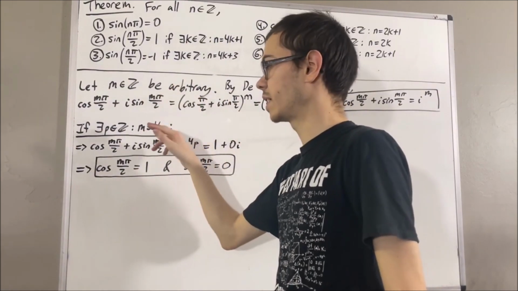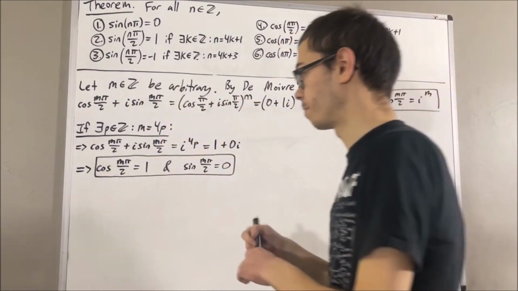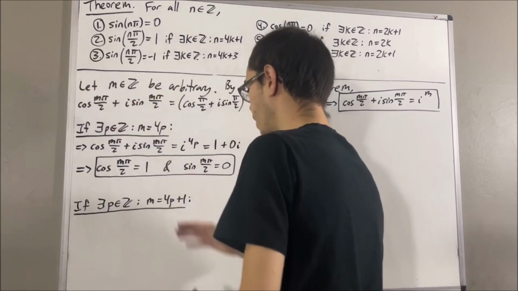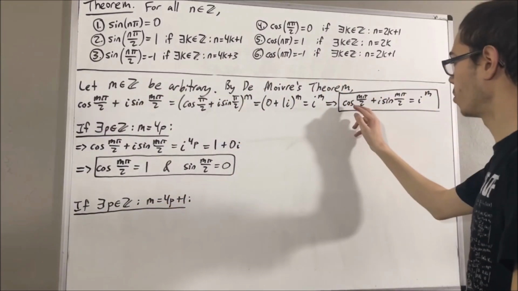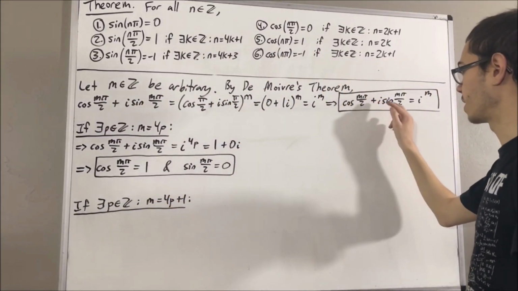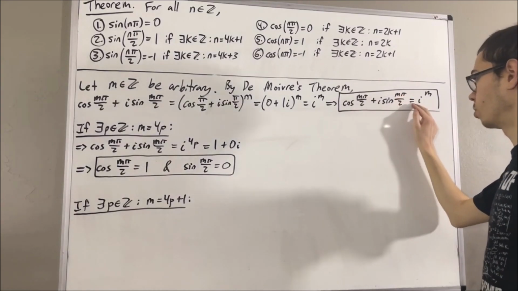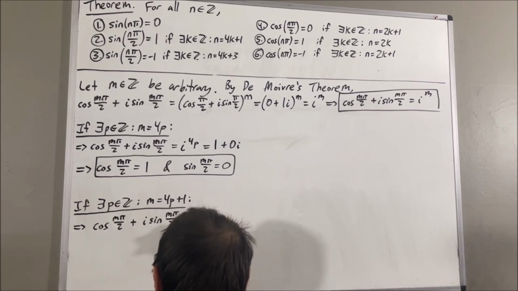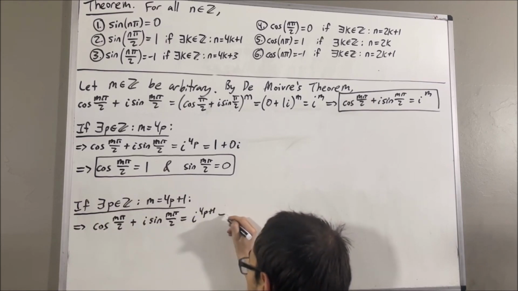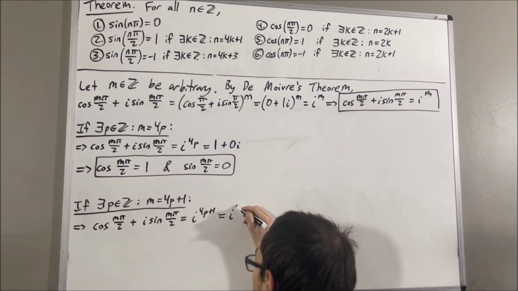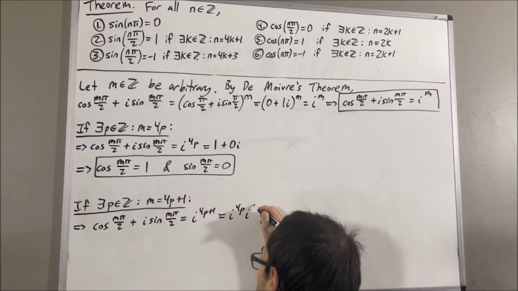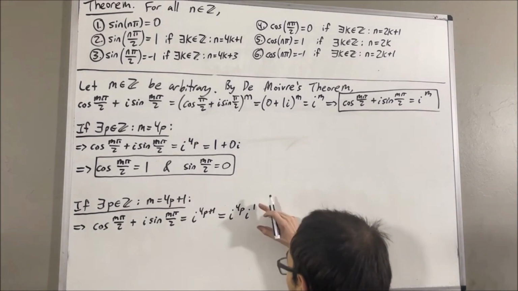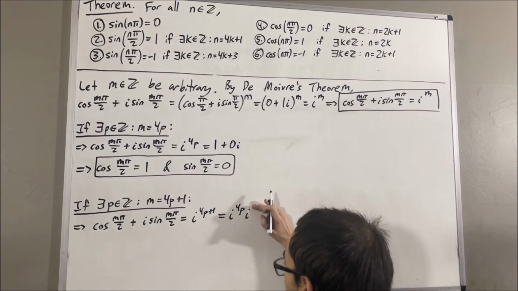Now let's consider the case that m is of the form 4p plus 1. Now if this happens, then we can write cosine of m pi over 2 plus i sine of m pi over 2 equals i to the power of 4p plus 1. But then, by properties of exponents, this is just i to the power of 4p times i to the power of 1, or in other words, just i.